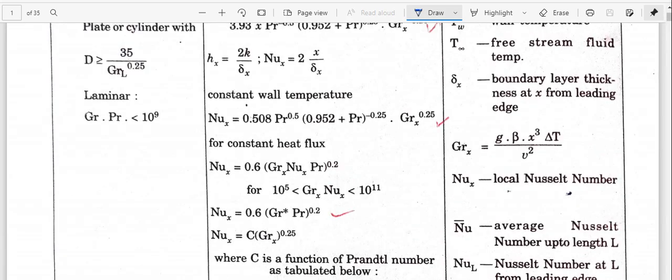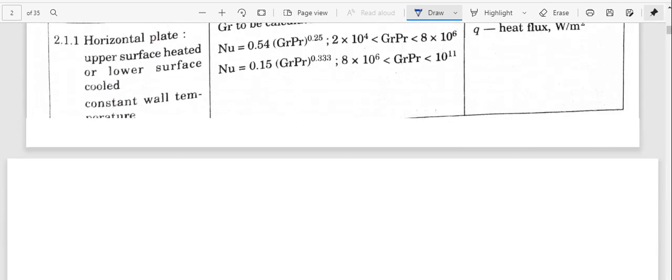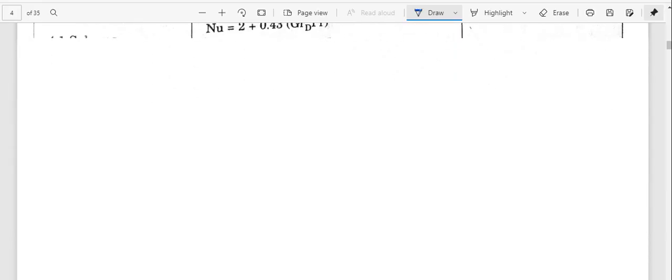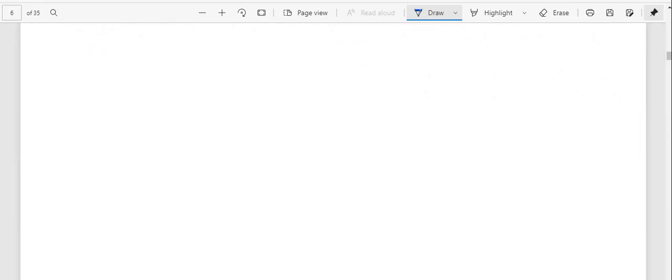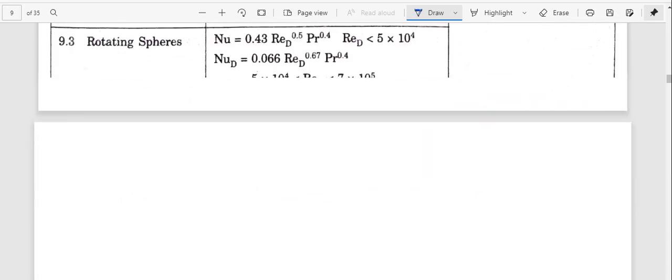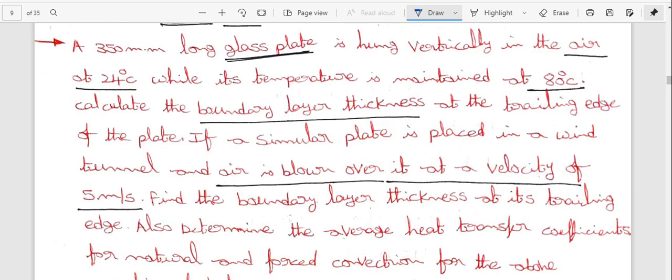We need to take this formula for calculating the Grashof number value. Now I can explain various important problems in the natural convection. So going to the free or natural convection.